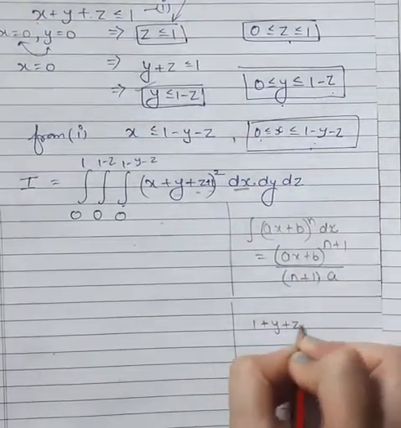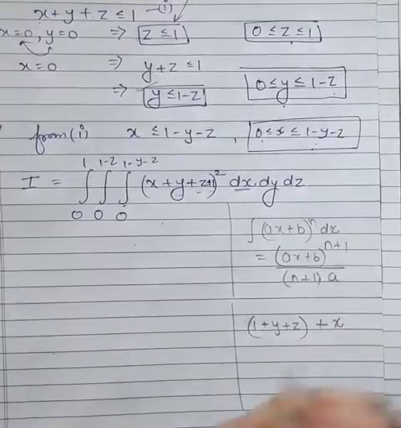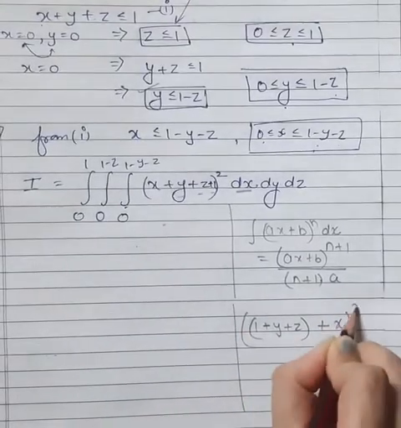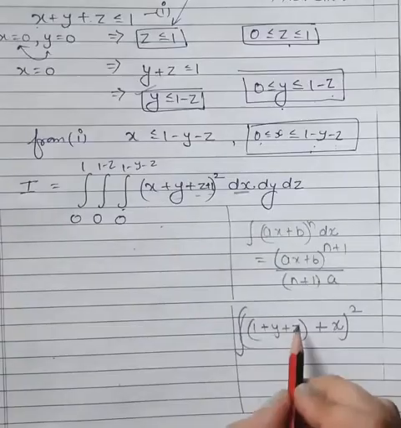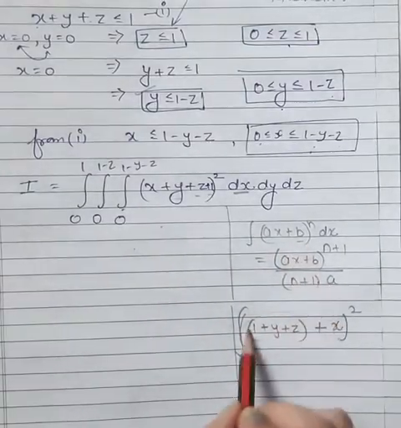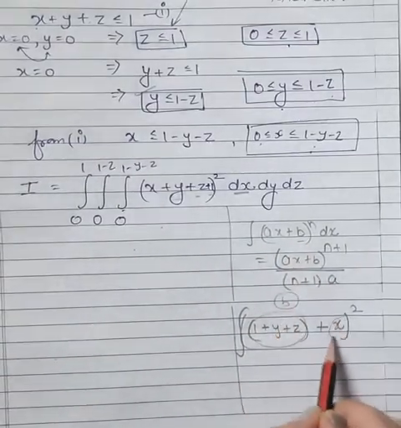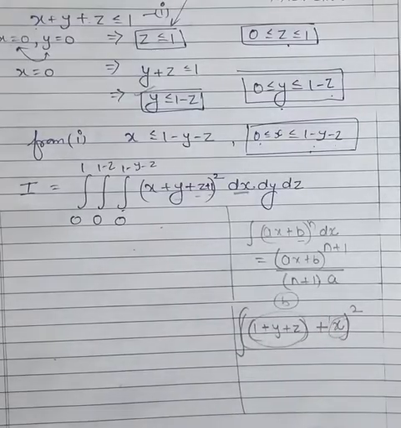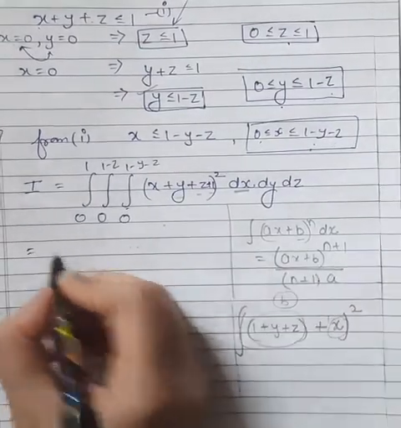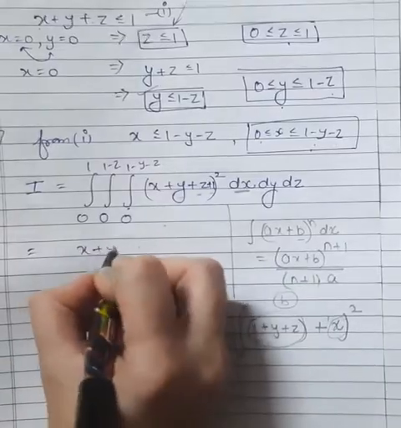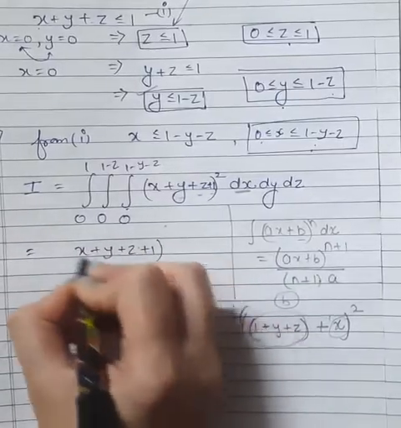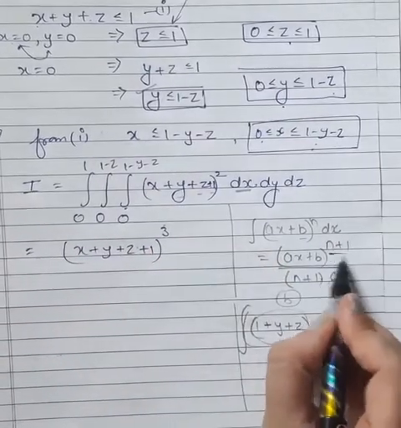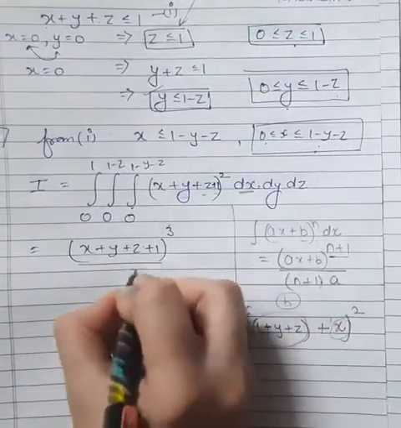1 plus y plus z plus x raised to power 2. So what will be its integration? This looks like this na. This is the value of b. This is your x with coefficient 1. So the integration will be, integration क्या आ जाएगी हमारे पास, (x plus y plus z plus 1) raised to power 3, n plus 1 na, upon 3.